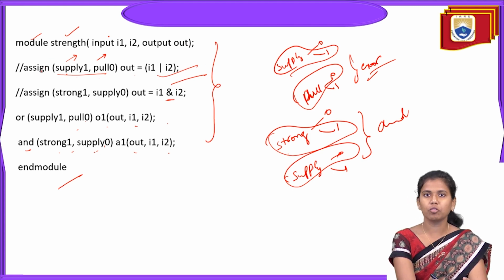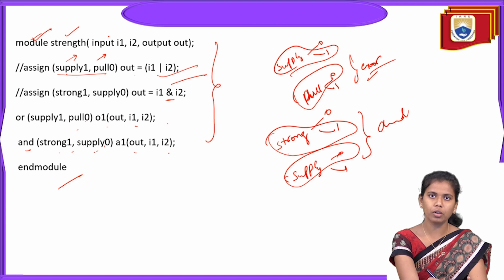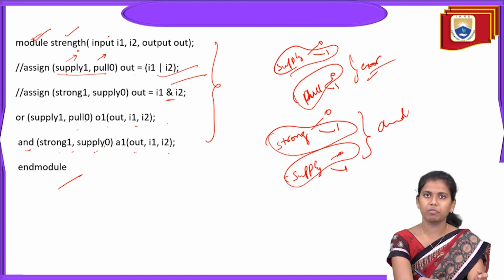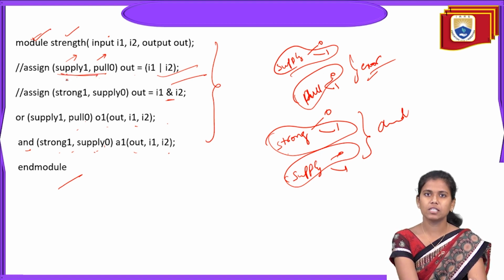And the main thing you have to concentrate on here in the strength and the Trireg nets is the syntax. Immediately after the keyword module, you have to write the name of the gate, immediately followed by the strength of the particular driving element. Here the driving elements I've considered are supply as well as pull.